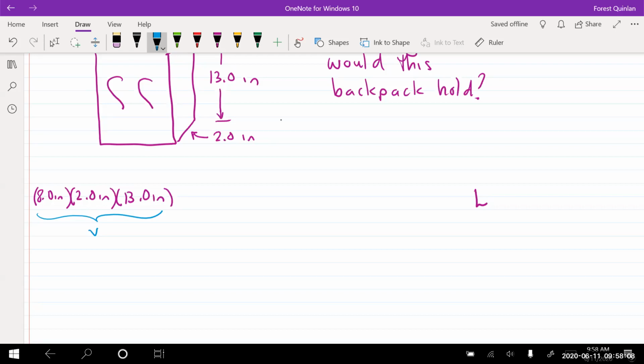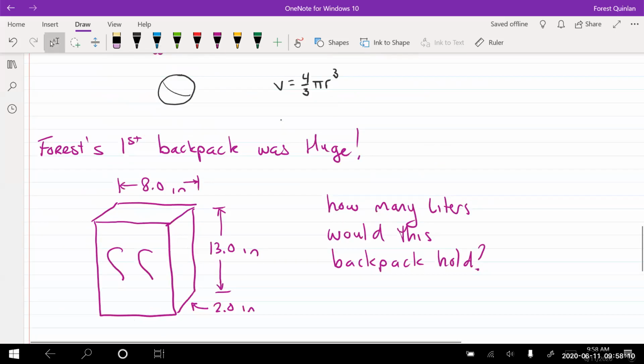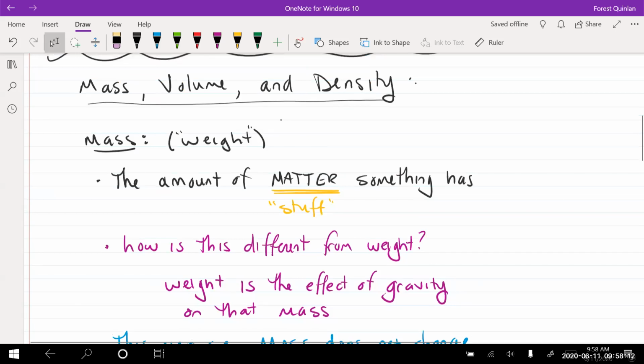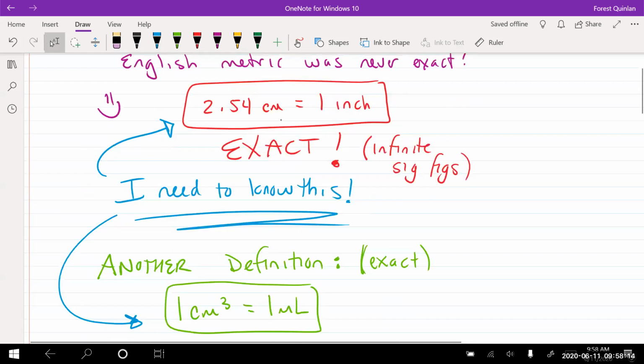But, you know, let me just say, pro tip, I wonder how we're gonna do it. Brenna, how do you think we're gonna do it? 2.54 centimeters equals 1 inch. I think you said centimeters to inches, or vice versa? Okay, all right, how's that gonna help us? If we go from the inches to the centimeters, then what?